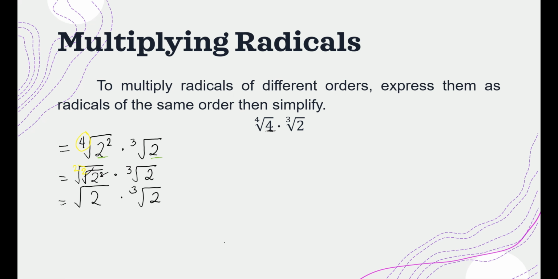The next thing that we have to do is to change these radical terms into exponential terms. So the square root of 2 has an exponent in the radicand, 1 here, and its index is equal to 2. Same as in the cube root of 2, it also has an exponent in the radicand which is equal to 1.